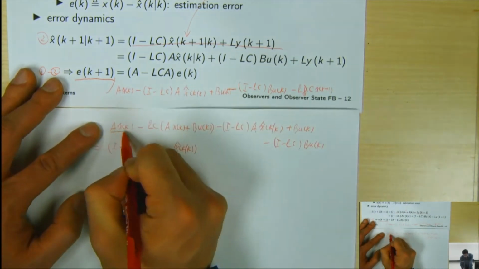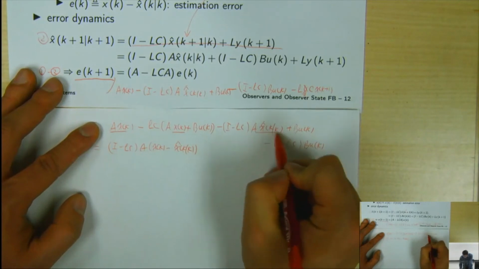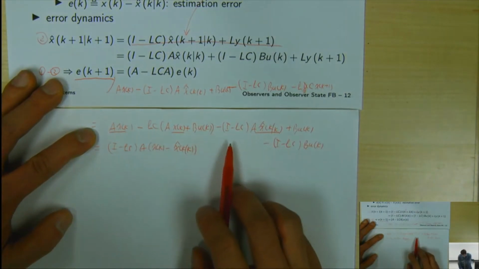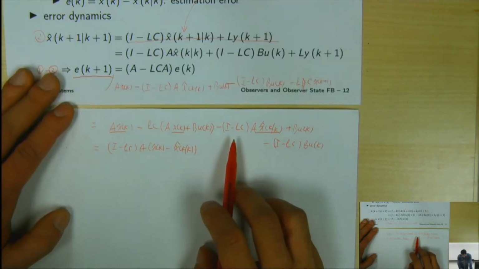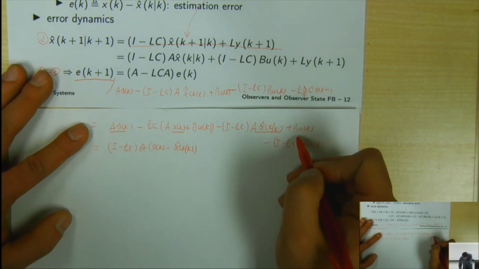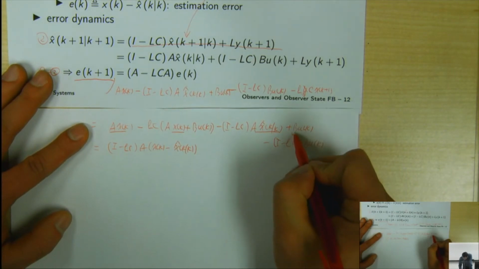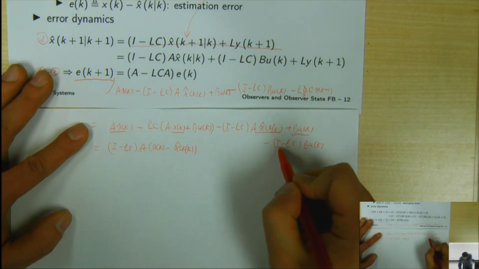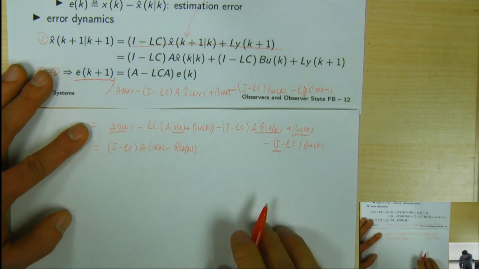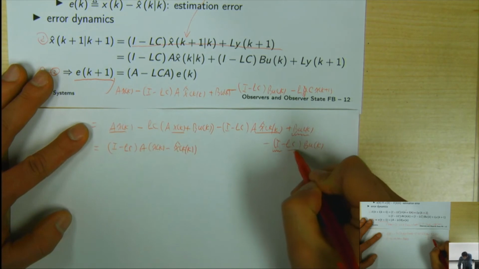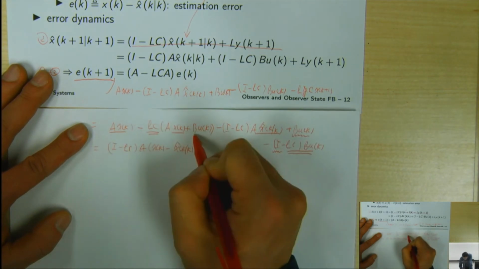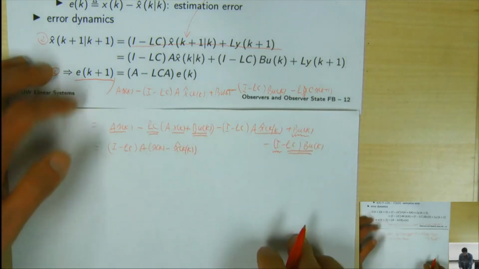So that's all the terms about x. And then the terms about B u k, if you take a look, is actually quite straightforward. B u k cancels out with I times B u k over here. And then the LC B u k is going to cancel out with the LC B u k.